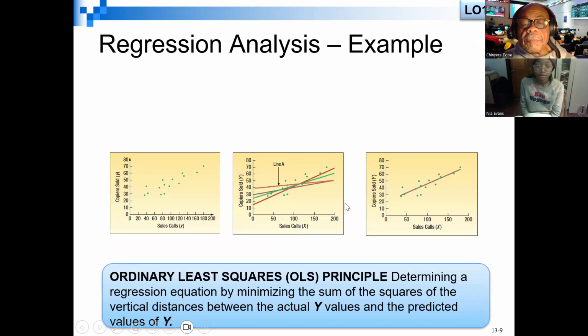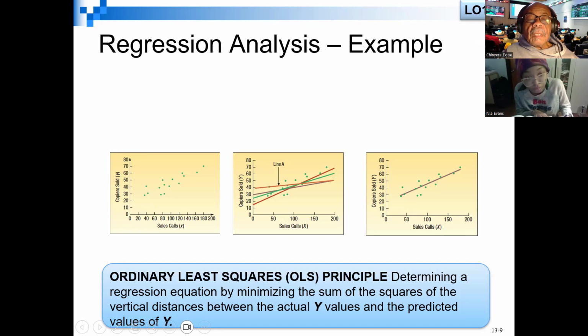So our objective in regression analysis, mathematically speaking, is to estimate a line that goes perfectly in the middle of the scatter plots. These dots here are called scatter plots.